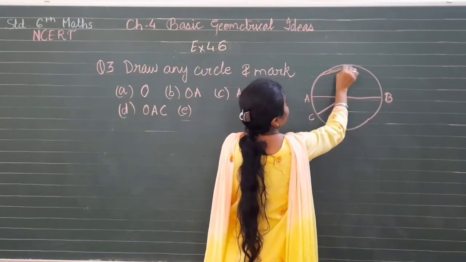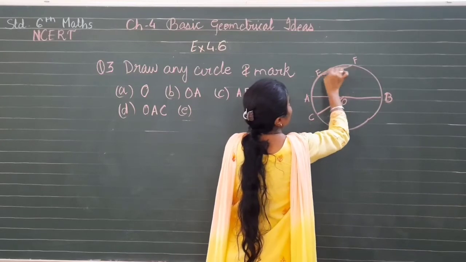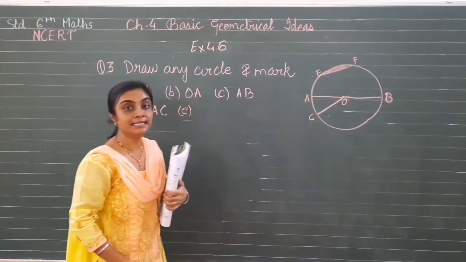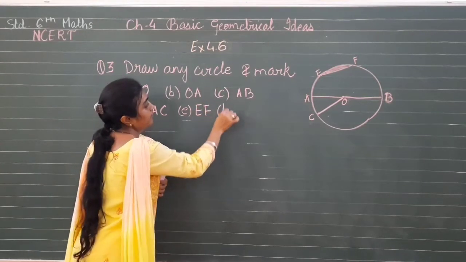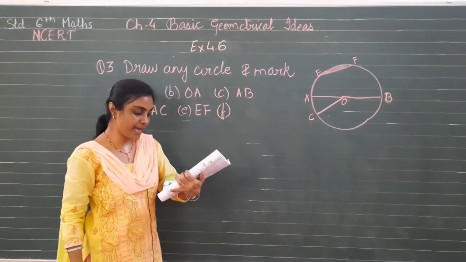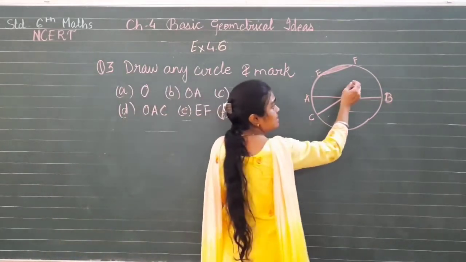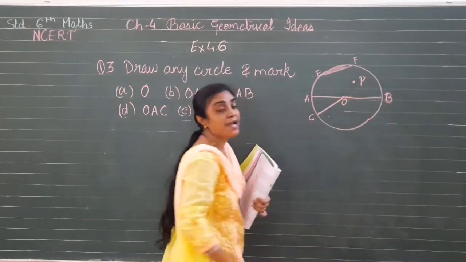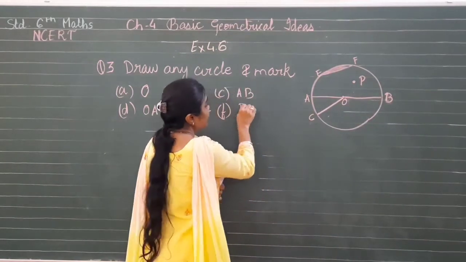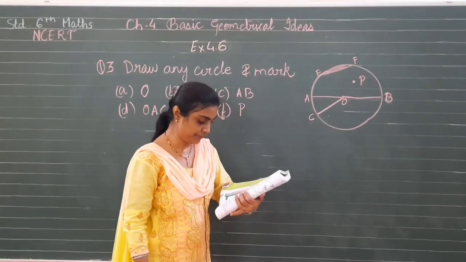So this portion, I am writing as E and F, can be considered a segment. F, a point in its interior. Suppose I am marking a single point P. So we can say P is in the interior of the circle.